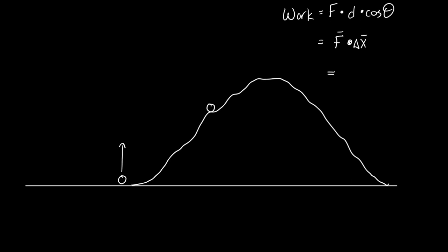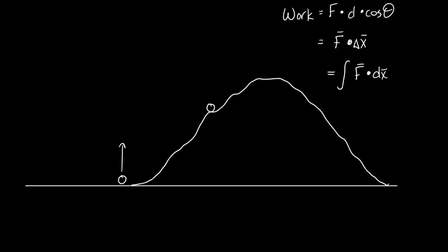In reality, the way I'm supposed to write the definition of work is as an integral, to allow for the possibility that the force and the angle at which it's applied may change as the object is moved. Does this jog memories from last year a little bit?